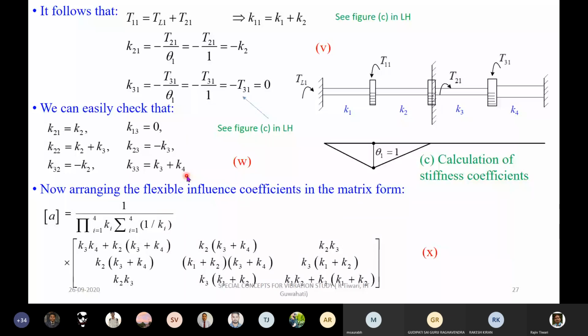And if you see, these stiffness coefficients are exactly the same as when you obtain the equation of motion of the system and put it in matrix form, the stiffness matrix elements will be the same. If you refer to the equation of motion which I showed in the very first slide, they will match with that. I can just show that once.